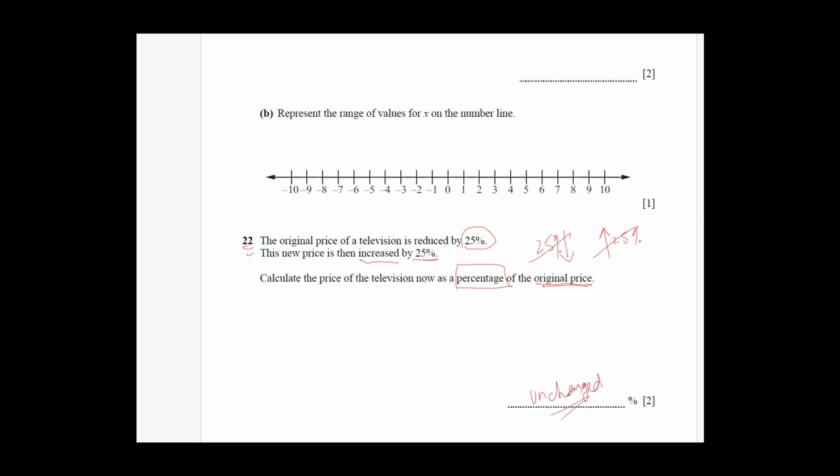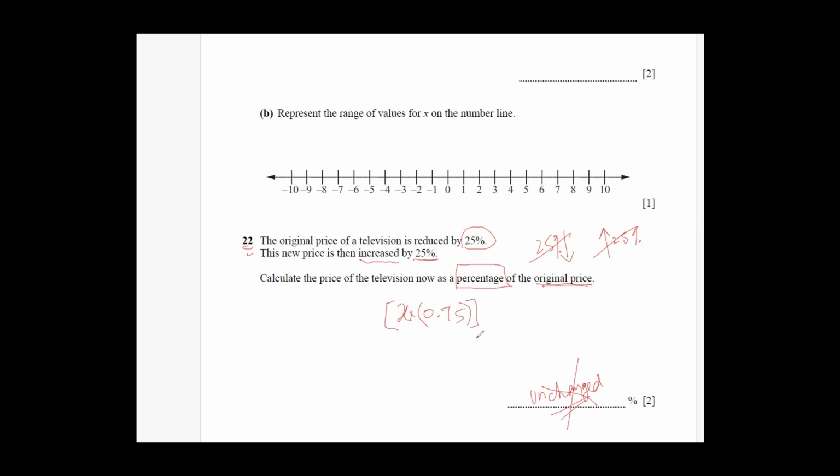The reason behind is that when the price is reduced by 25%, let the price be X for example. If its price is reduced by 25%, that means its price would be 0.75 of the original price. Then this is going to be the price now.